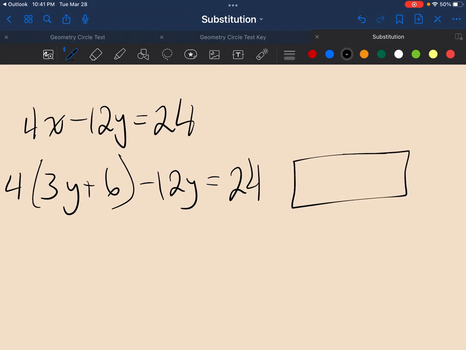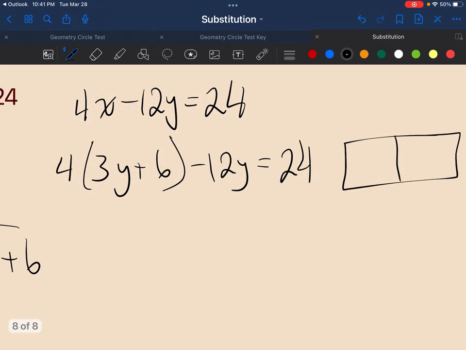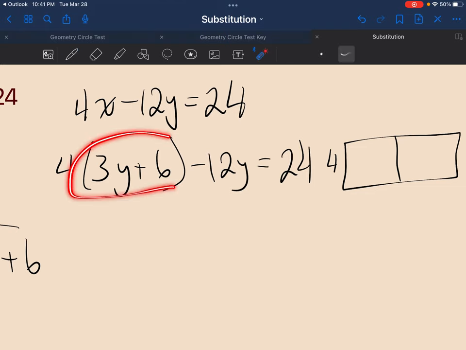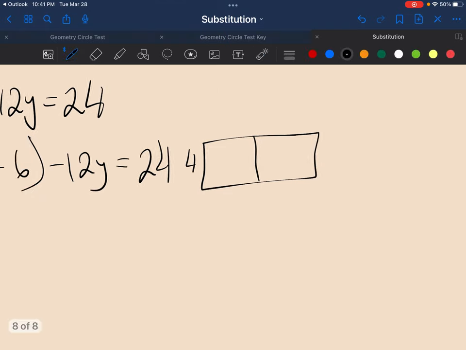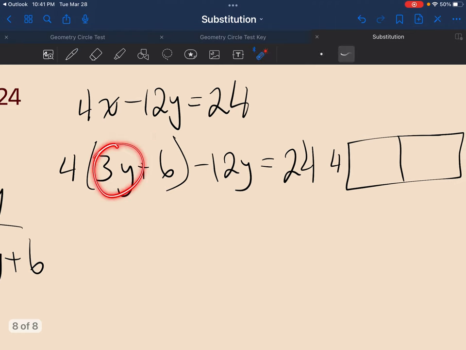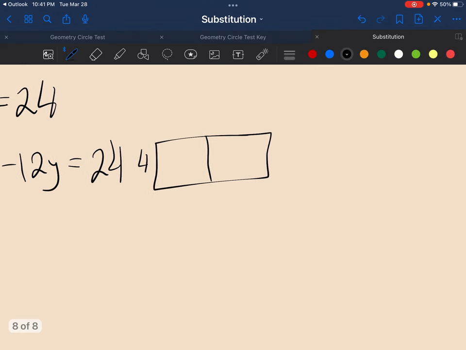I'm going to do box method for the sake of this video. So we're going to put everything outside of the box, which is our 4, on the left side. And then we're going to put everything inside of the parentheses on the top of the box. So we're going to have 3Y and 6.